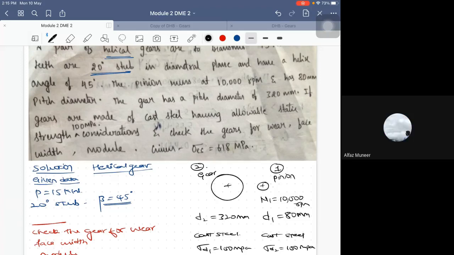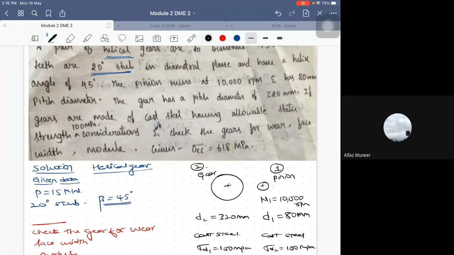What is our first step in our gear problem? What do you have to do firstly before starting our design? Yes, Alphas. Don't waste our time.